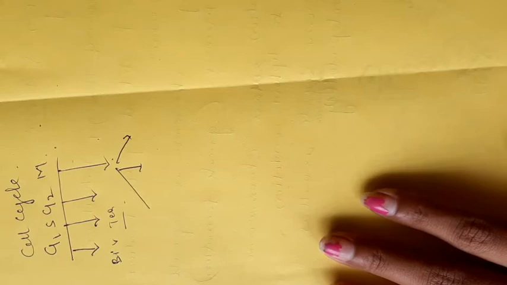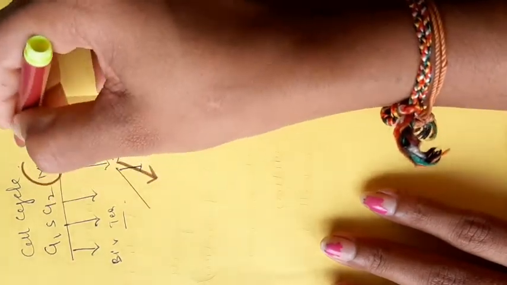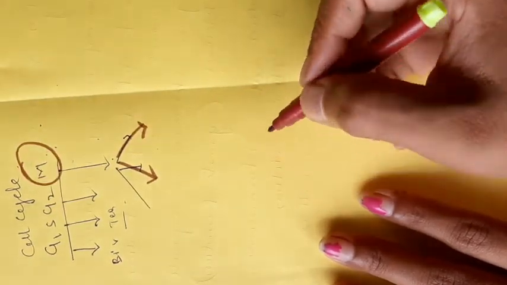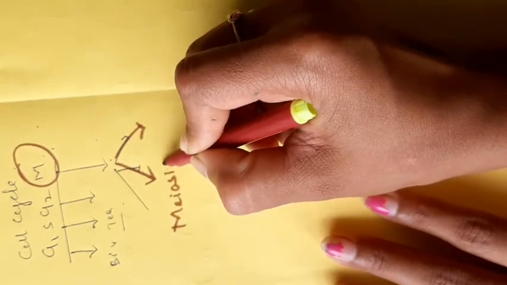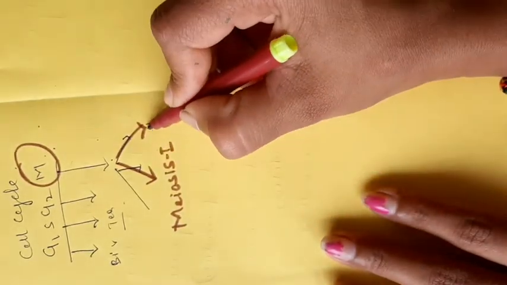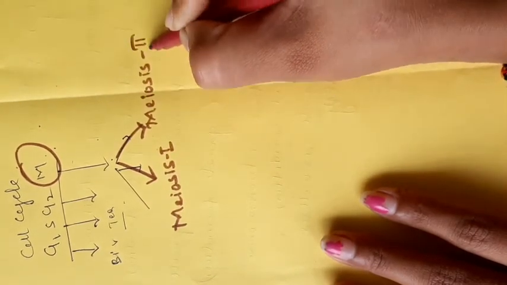One second, I will change the pen. Okay. In meiosis, meiosis 1 and meiosis 2 are the types of meiosis.